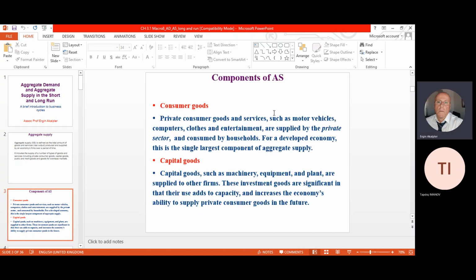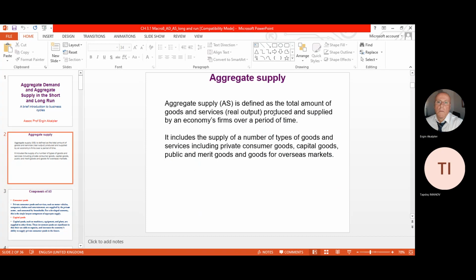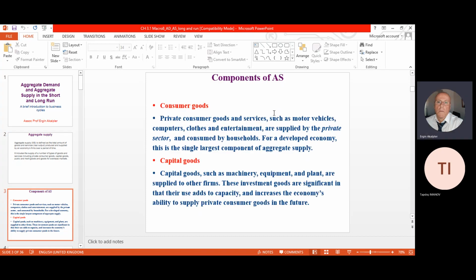The components of the aggregate supply, as you see, the consumer goods and the capital goods are given now. The consumer goods, as you know, are the goods consumed by ordinary households. Goods and services such as motor vehicles, computers, clothes, entertainment are supplied by the private sector and consumed by households. For a developed economy, this is the single largest component of aggregate supply.